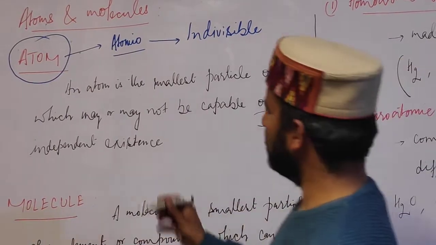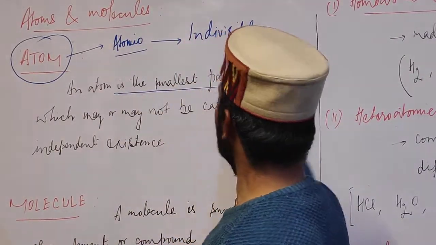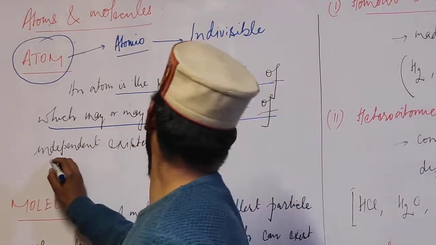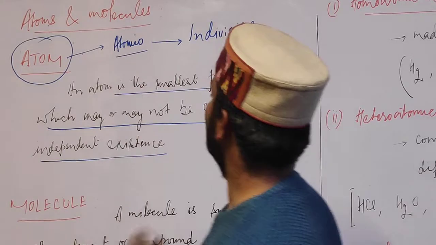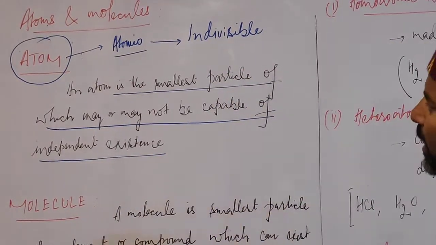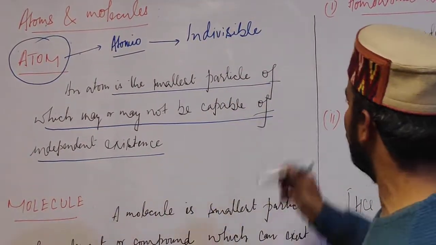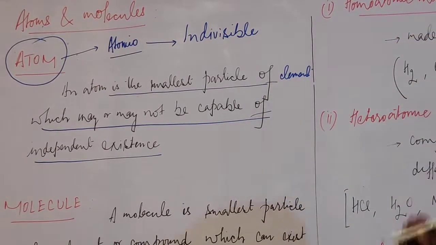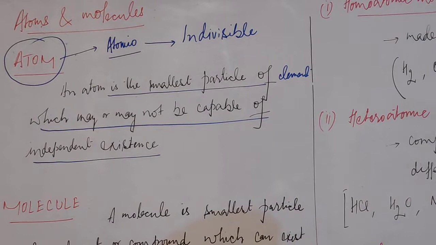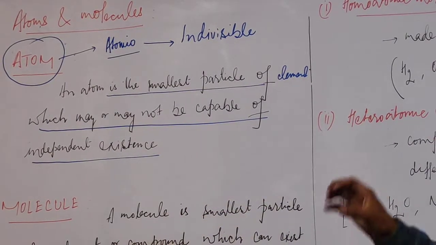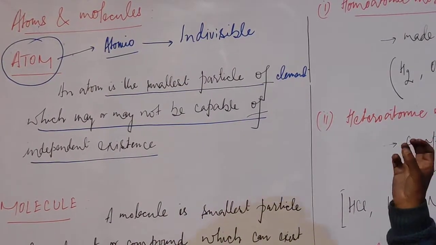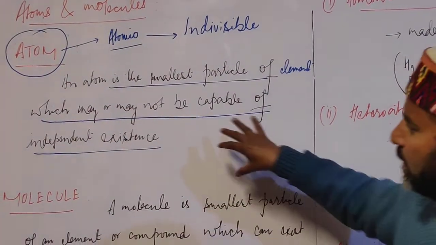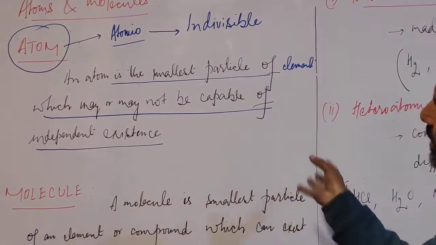So what is an atom? An atom is the smallest particle of an element which may or may not be capable of independent existence. So एटम इसका मतलब किसी भी एलिमेंट का एक सबसे छोटा यूनिट होता है जिसका इंडिपेंडेंट एग्जिस्टेंस हो भी सकता है, नहीं भी हो सकता है.